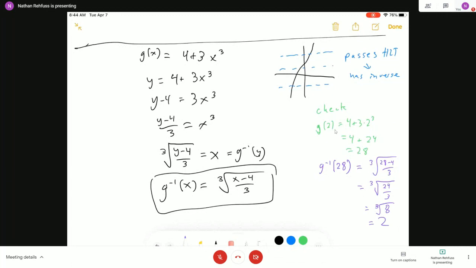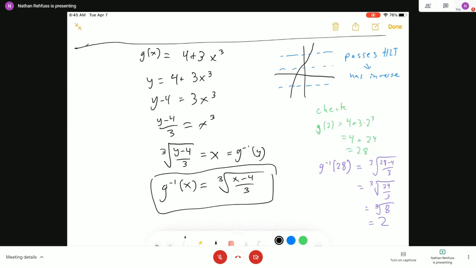This would be a pretty big coincidence if this weren't really the inverse function. So I'm going to say it doesn't prove that it's the inverse, but it's a pretty strong wink and a nudge in that direction. So this is a good way to check your work quickly: make sure the function undoes itself.